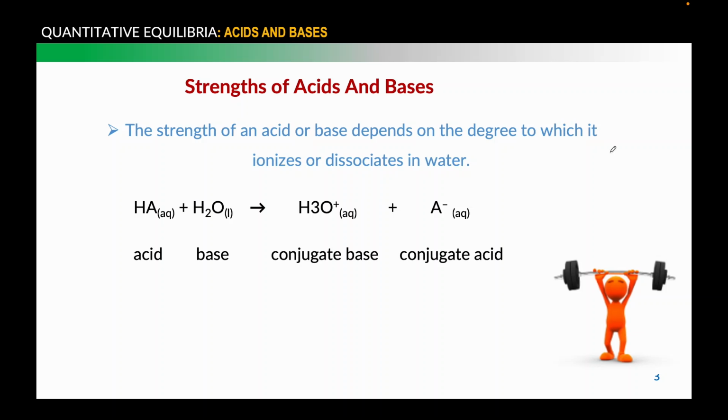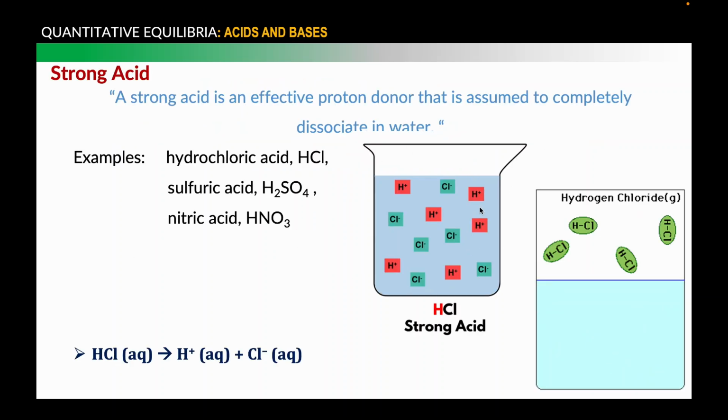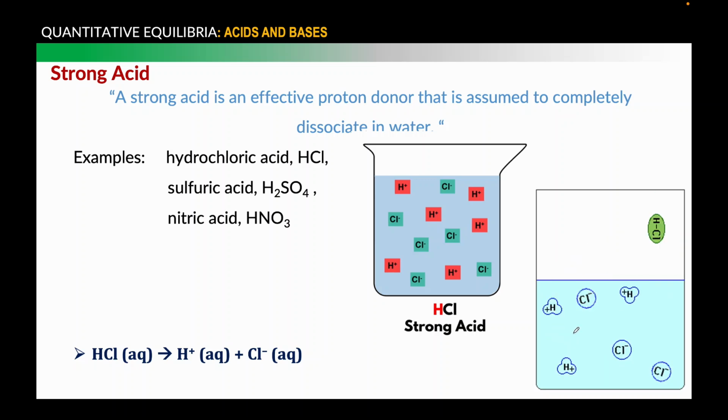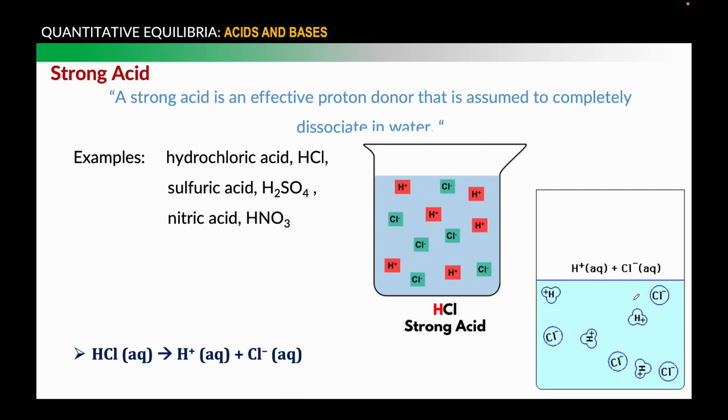In this visual presentation, when we are pouring HCl in water, HCl is getting separated into H+ and Cl- ions, and there is complete ionization or complete dissociation. Such a type of acid is called strong acid. There are different examples like hydrochloric acid, sulfuric acid, nitric acid. Such examples are of strong acid.